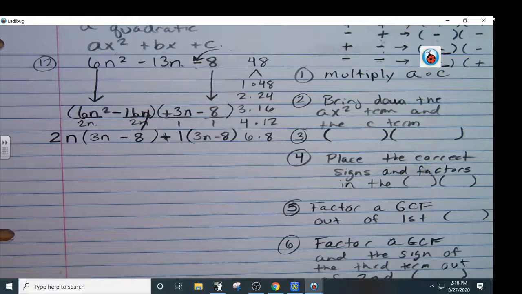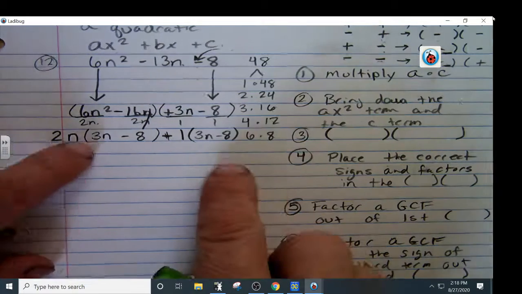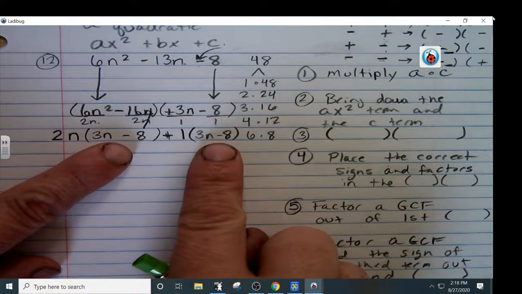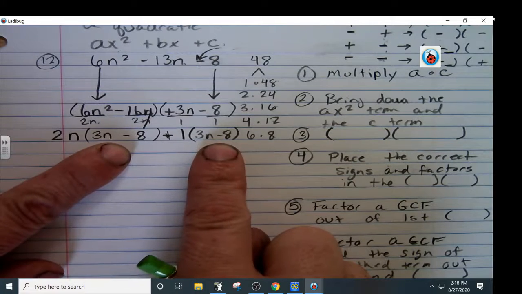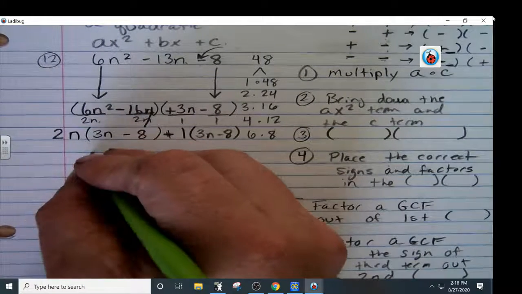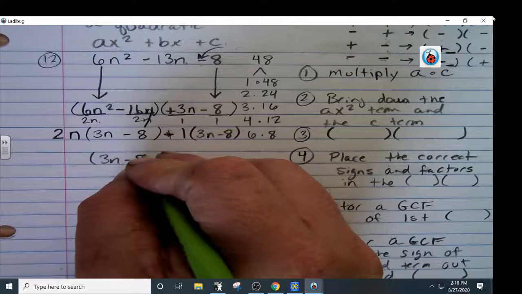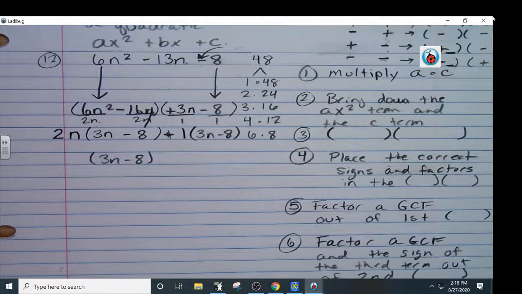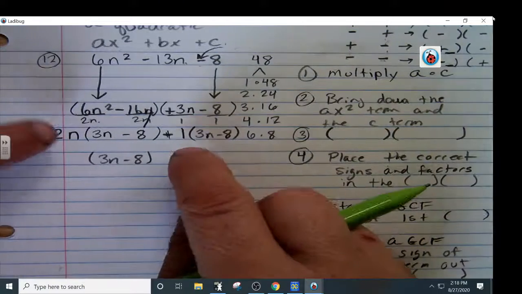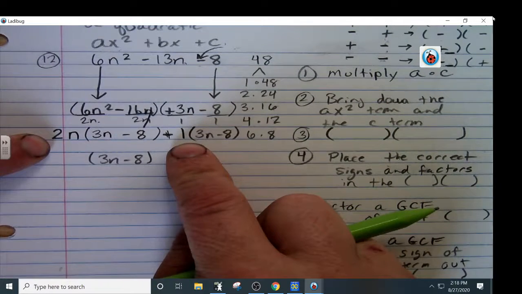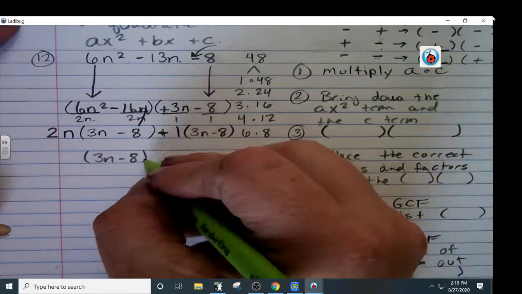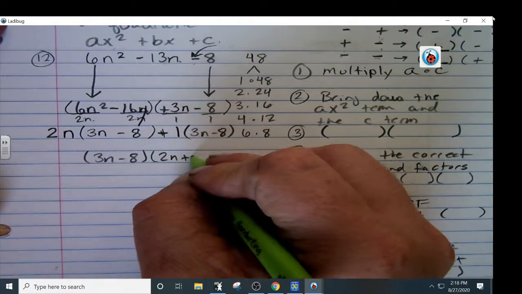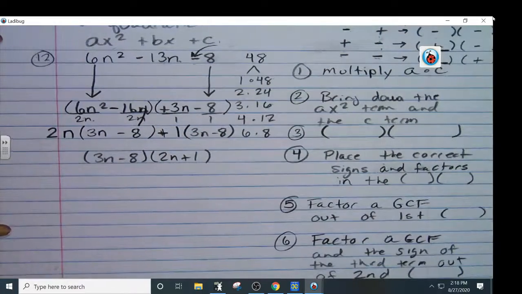Just by looking at it. The numbers in my parentheses are the same. Okay? 3n minus 8, 3n minus 8. That's one of my factors. Then, the GCF is my other factor. That's your answer.